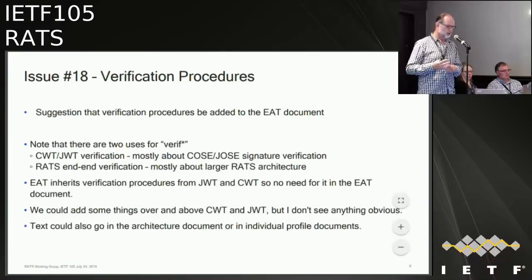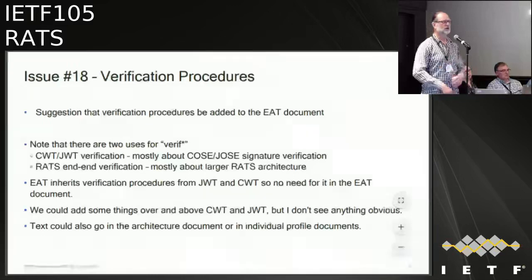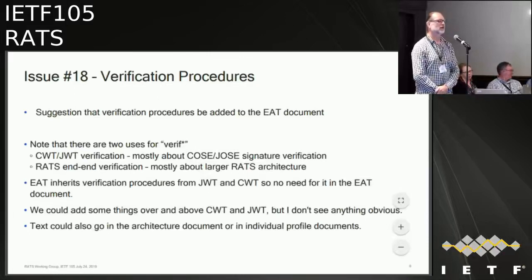I thought about it, that text looks pretty good, so I actually think we're covered on the verification process in terms of that. But for the larger end-to-end, that's where now we're talking about the turtles again. This is Hank again. With the RATS end-to-end verification, I'm not really sure what you mean by that.